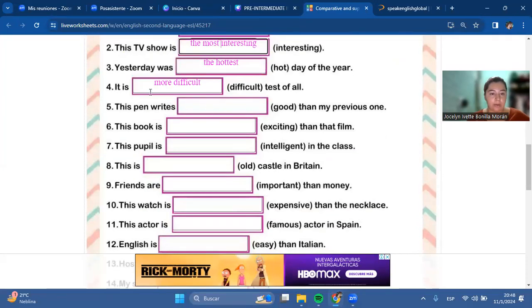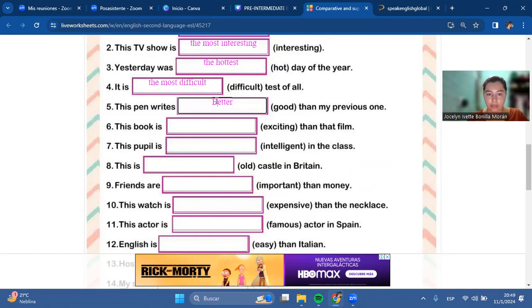Okay, so it is the most difficult test of all. The most difficult, yes. Okay. Good. Angie says better. Okay. The most good? No, Jamila, because this is an irregular one.